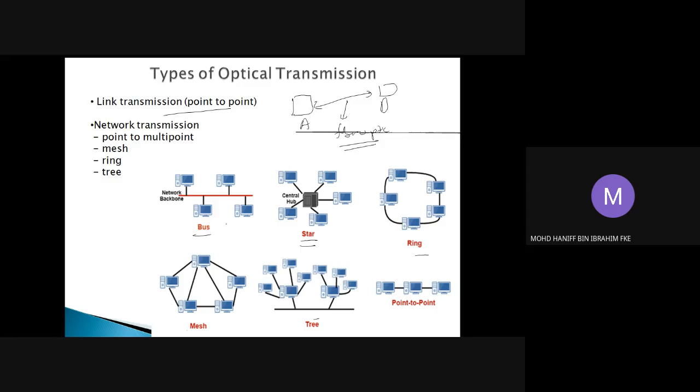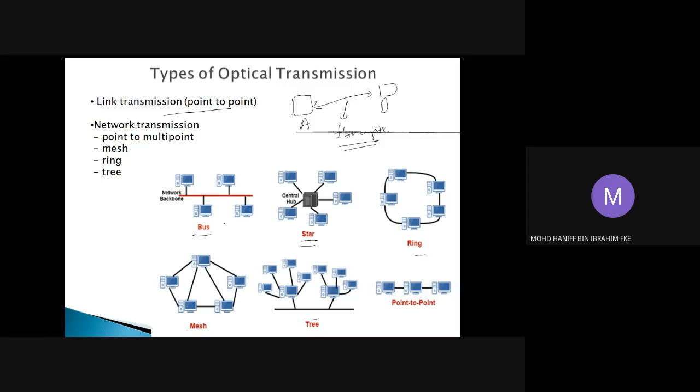The power transmitted by the source at the transmitter side should then be received at the receiver side, in which the amount of power received is enough to be recovered by the receiver, or by the detector.